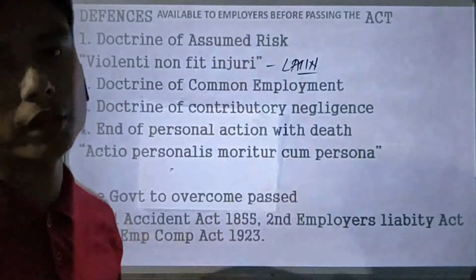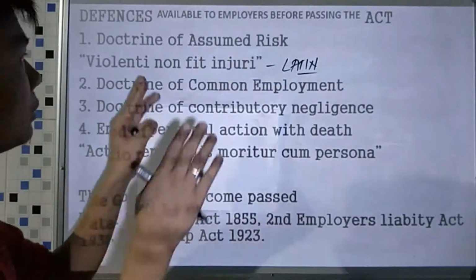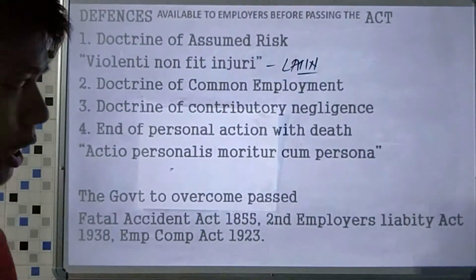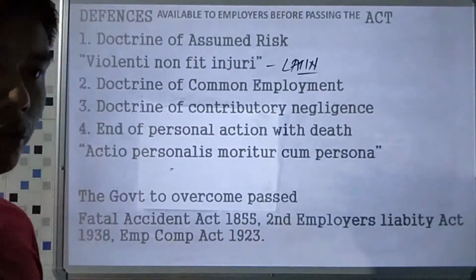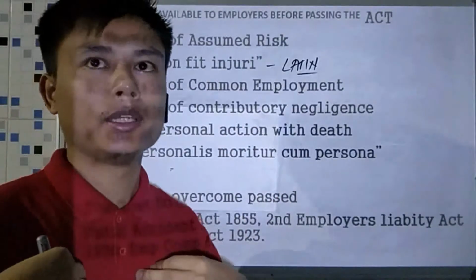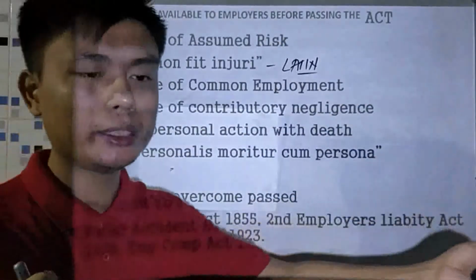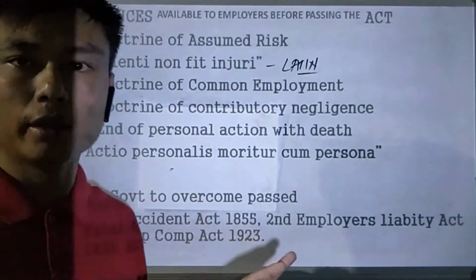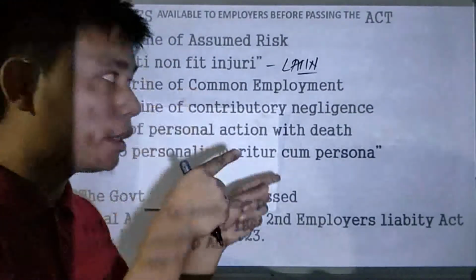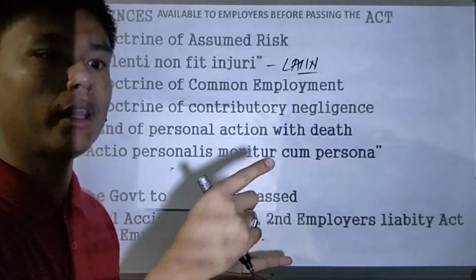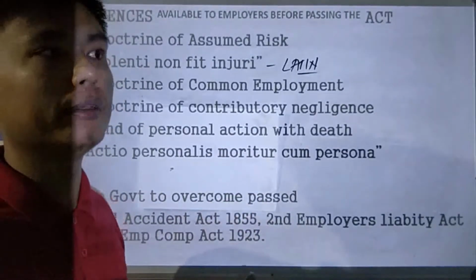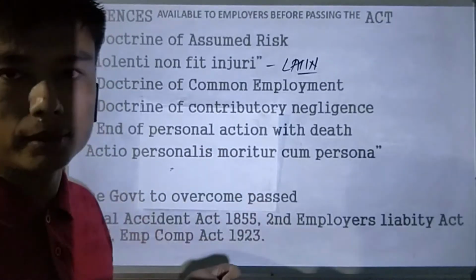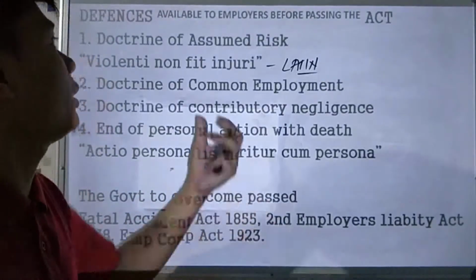So what does this doctrine tell? Say a worker, let's say me, is asked by an employer to do some work. I know that there are risks with it, I know something might happen, and I know that the risks may affect me.